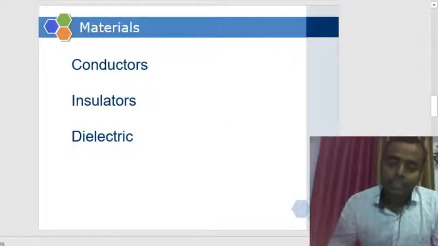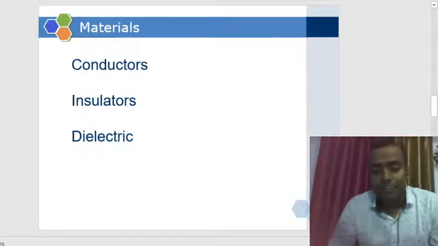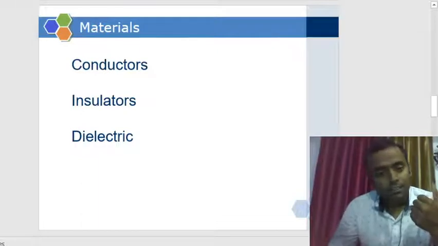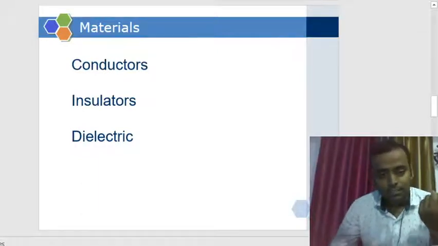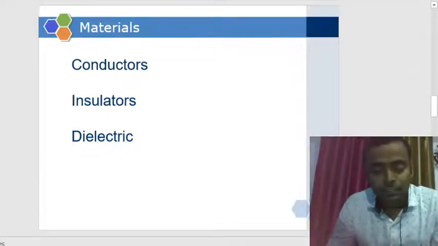Based on the conductivity of the material, we are having three types of material in our nature. कौन कौन से material हो सकते हैं? We can have conductors, insulators, dielectrics. What are conductors?